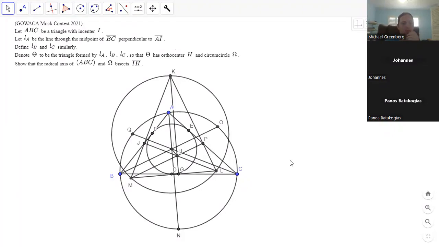Maybe we can use that to try to prove it. Yeah, that's interesting.